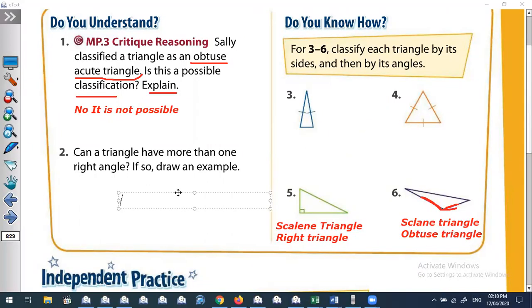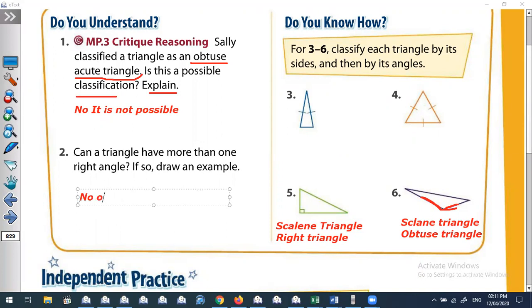Number 2: Can a triangle have more than one right angle? If so, draw an example. No, no triangle can have more than one right angle. The triangle has only one right angle and the other two angles will be acute.